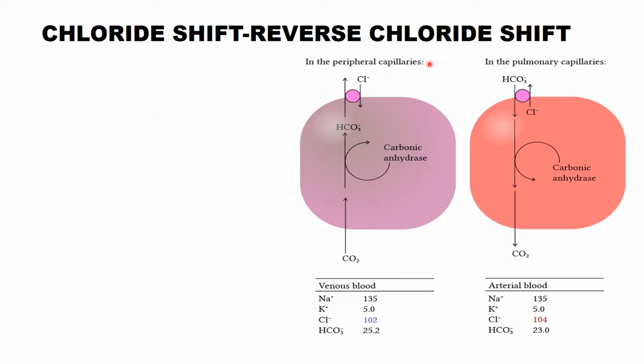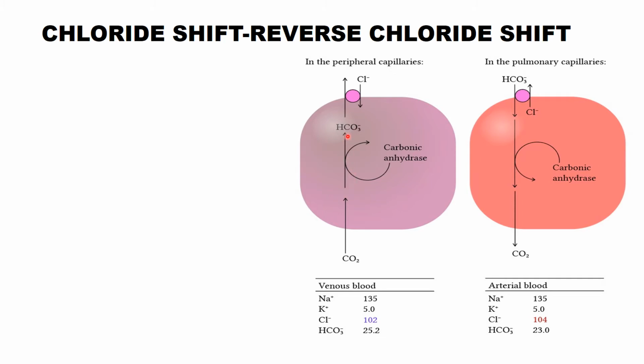Here you can see two types of RBC. One cell is lying at the level of the peripheral capillaries and the other cell is present in the pulmonary capillary. So we start with the cell in the peripheral capillaries. We know that increased metabolism in the tissue leads to the production of carbon dioxide. This carbon dioxide diffuses into the RBC.